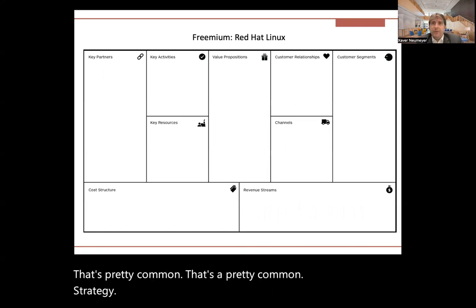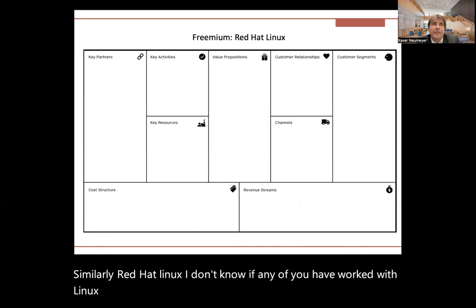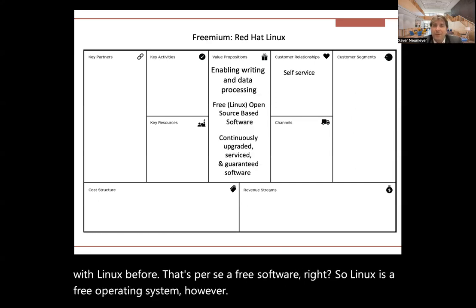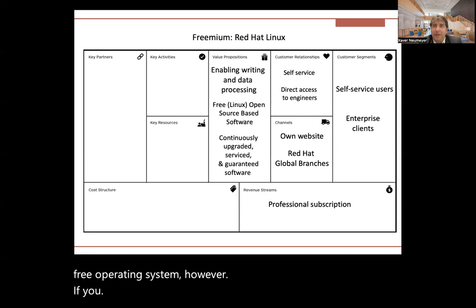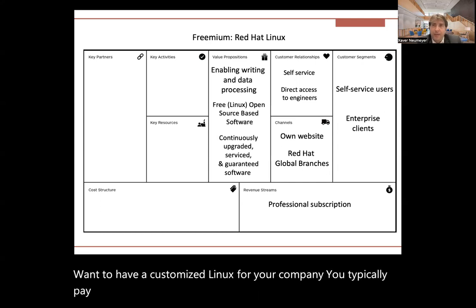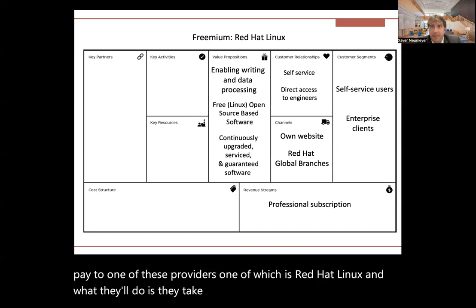Similarly, Red Hat Linux, I don't know if any of you have worked with Linux before. That's per se a free software, right? So Linux is a free operating system. However, if you want to have a customized Linux for your company, you typically pay to one of these providers, one of which is Red Hat Linux. And what they do is they take the free software package, but they customize it to your needs, right?